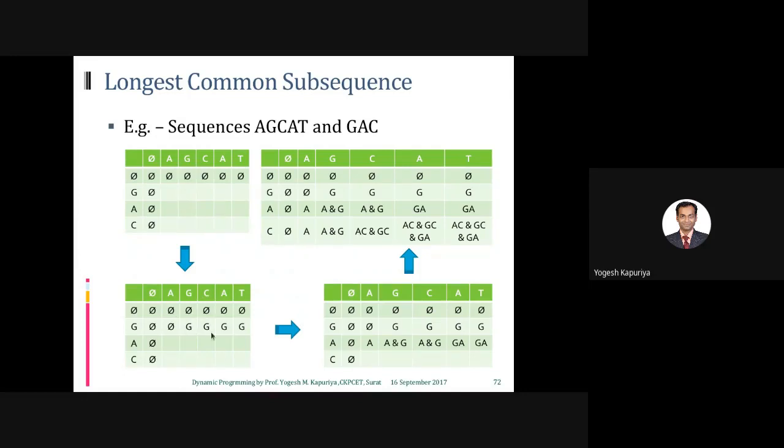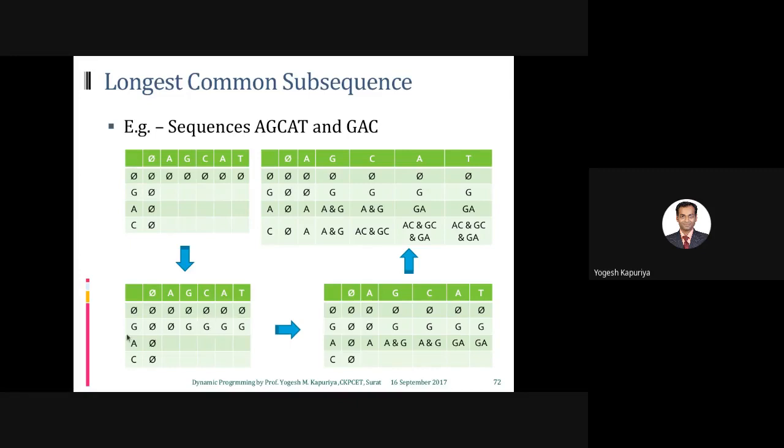Again, you come to the next cell here. That means you are comparing C and G, not matches. When it is not matching, then you will see previous row, same column, and previous column, same row. Whatever is the longest one, you will put over here. So out of these two, the longest one is G. That's why you put it over here.